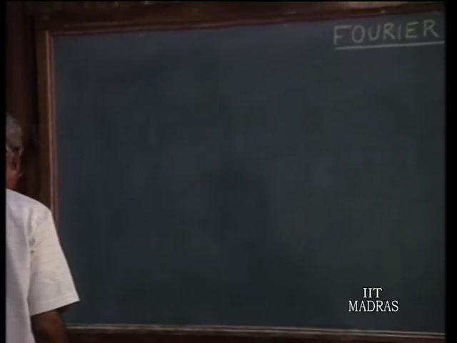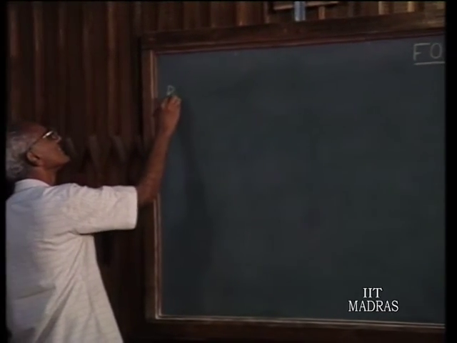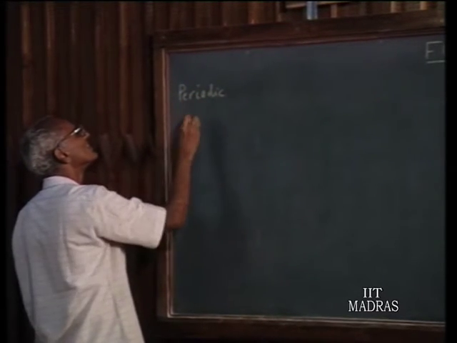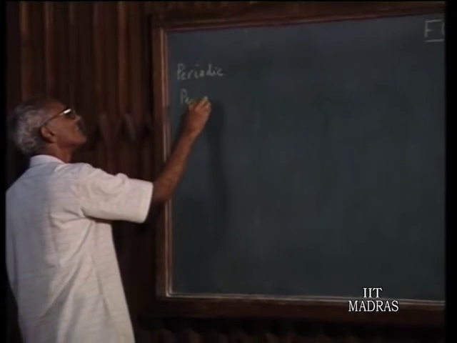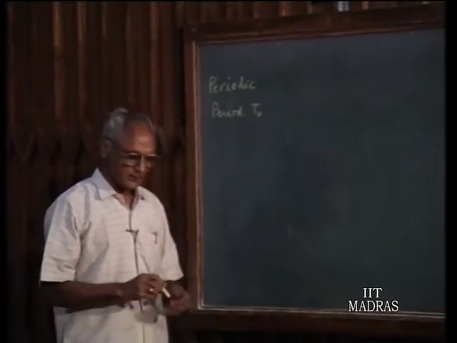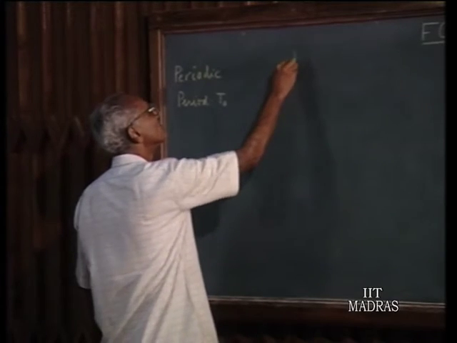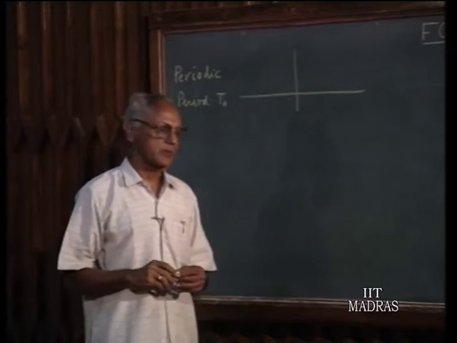So, let me start with a function which is periodic with period T naught. Just to give a concrete example, I will take a specific waveform, but all our discussion will be in completely general terms.